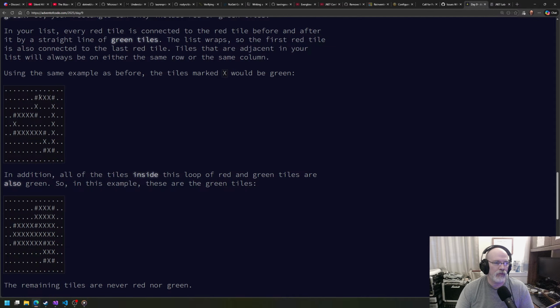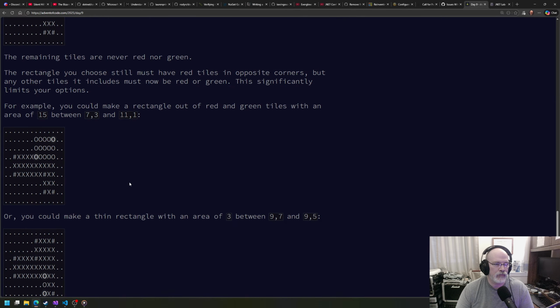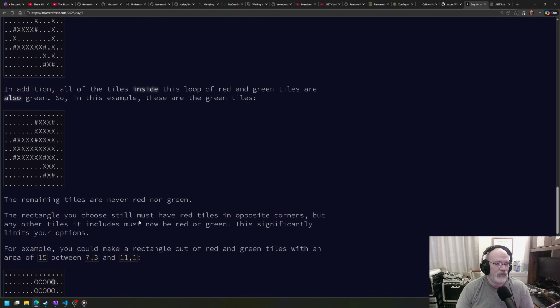Yeah, so the whole point is you can only make rectangles that are within the area of the shape. So I was thinking of it wrong, and I don't have a solution to this. What it's saying is you can't take this one here and this one and make that, because now you're going outside of the area.